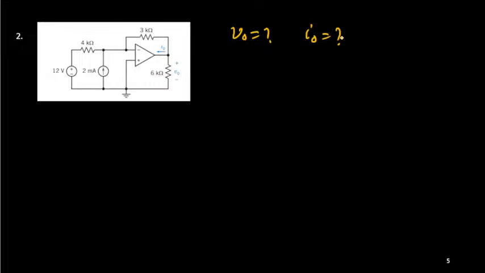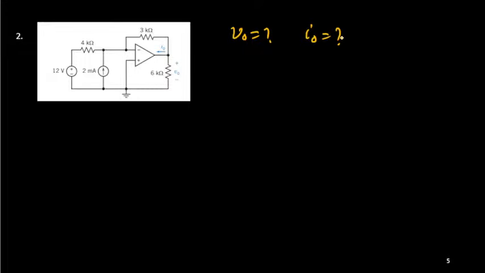The only thing is that now here with one independent voltage source we are also having one independent current source, and both are connected to inverting terminal directly or indirectly. So this problem is simple. The other end, non-inverting terminal, is grounded, so we can find out this V0 very easily.